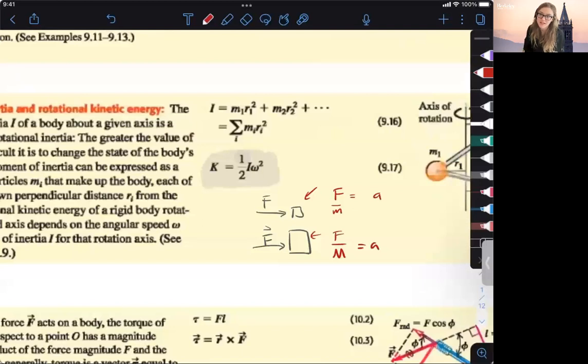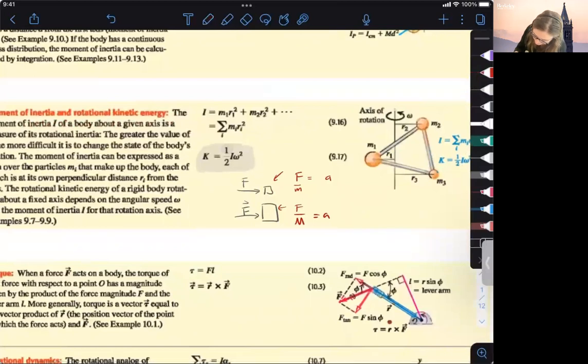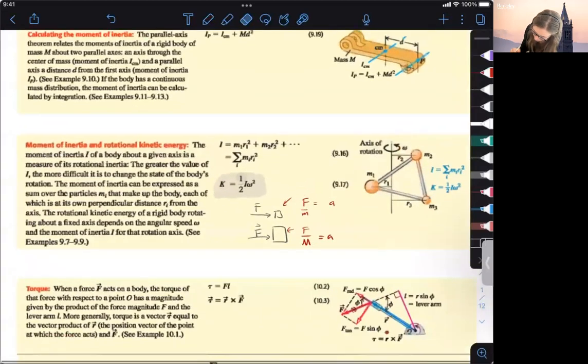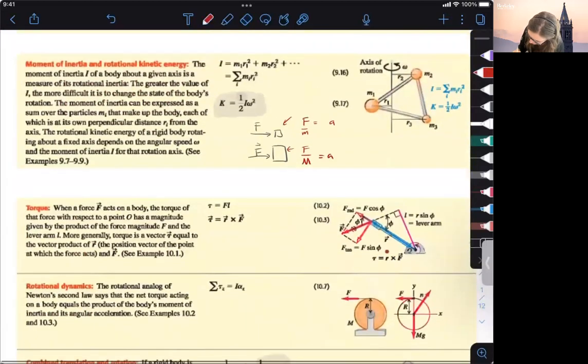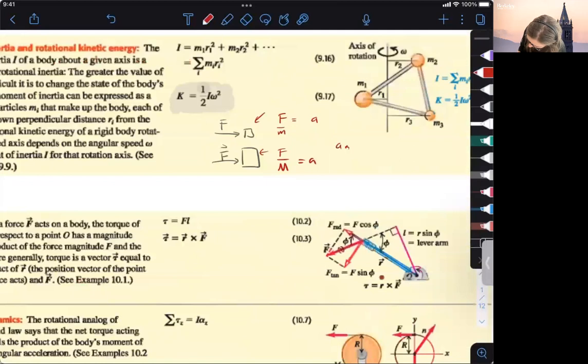It's going to have less inertia. Same thing with these rotating objects, where it's dependent on this mass moment of inertia. Okay, so just a little overview. A little m is going to be easier to get moving than a big M, but the big M is going to be harder to stop because it has more mass.